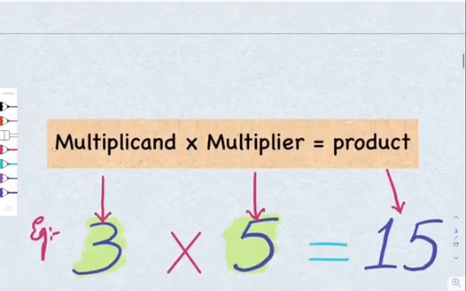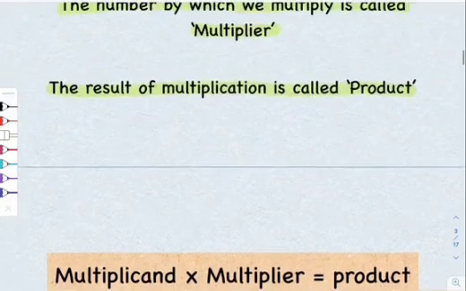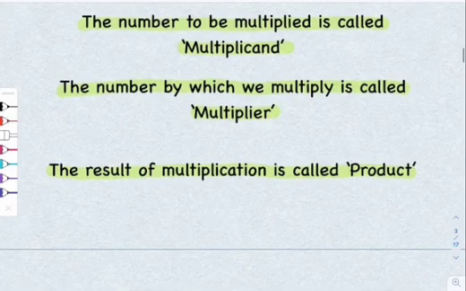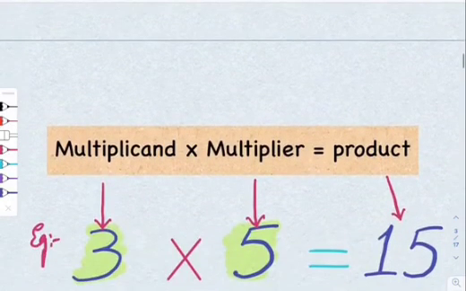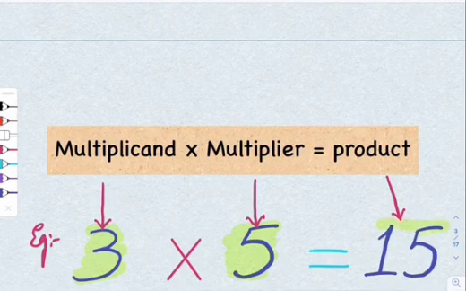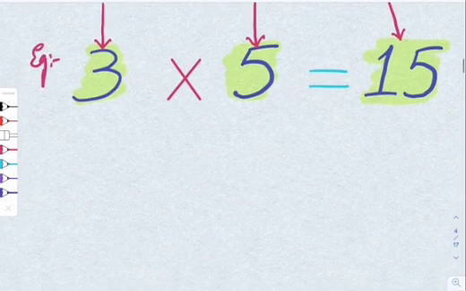Children, compare the definition with the numbers in the example here. 3 becomes the number to be multiplied, which is the multiplicand. The number by which we multiply, which is 5, becomes the multiplier. And the final result is 15, which is the product. I hope all of you got it, children.